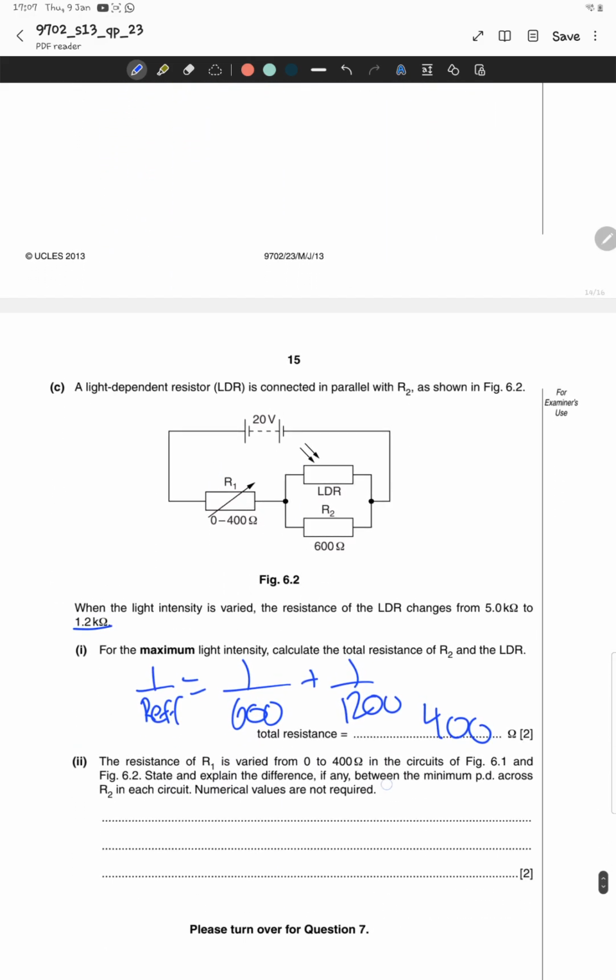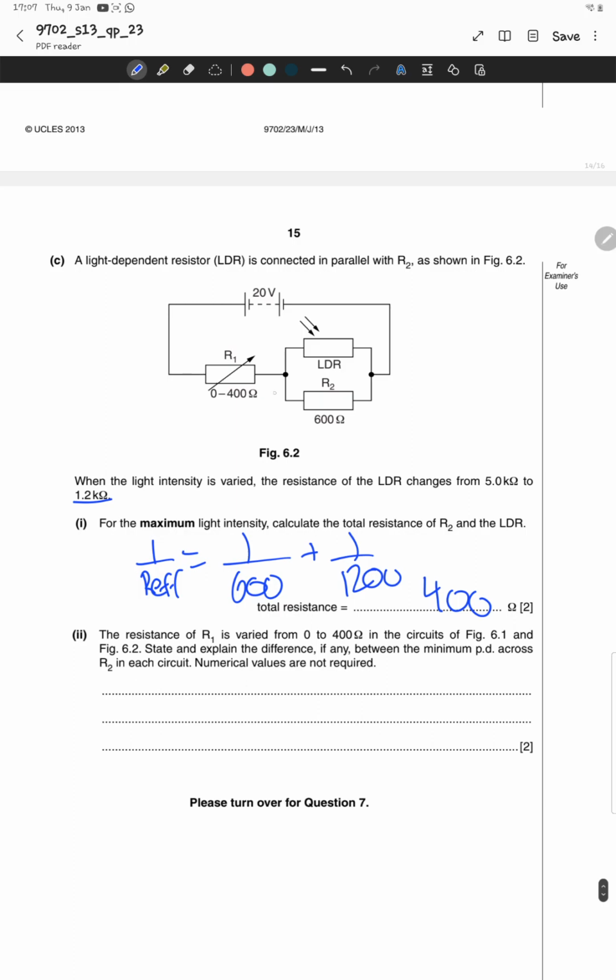So if you have a lower total resistance, then the voltage across it will also be lower.